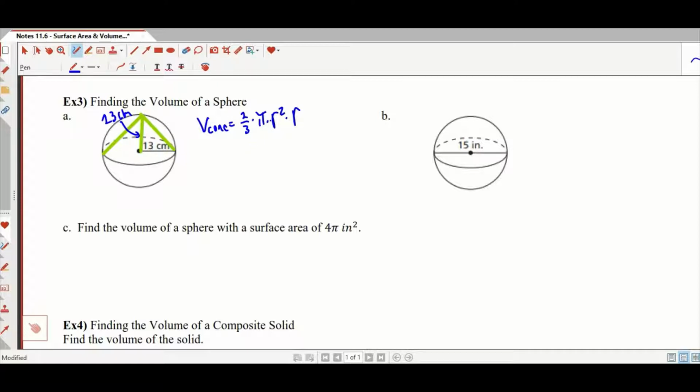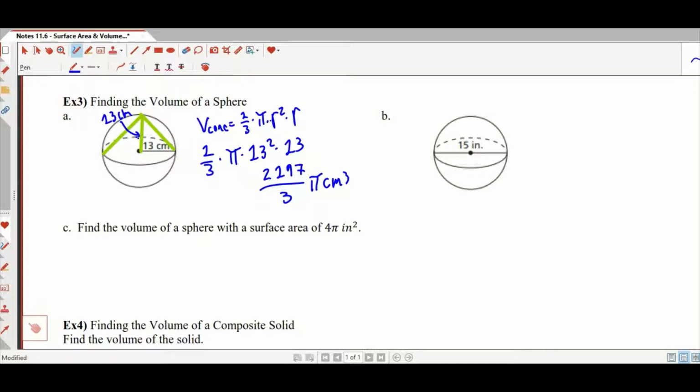So it's 13 times 13 squared, 2197. And if you divide that by 3, you don't get a nice number. So we're just going to leave it like that. So that's 1/3 times pi times 13 squared times 13, which is 2197 over 3 pi centimeters cubed.